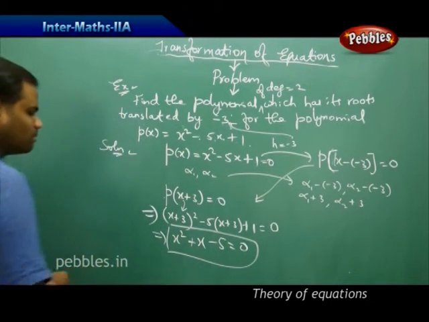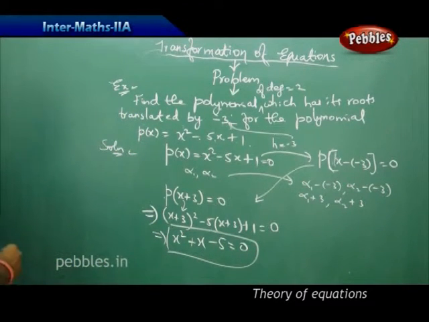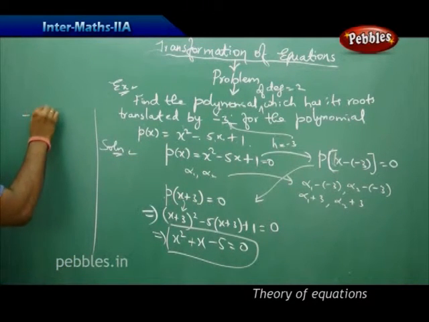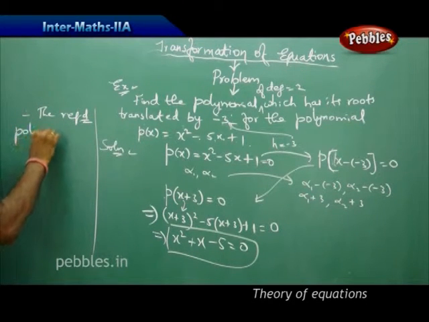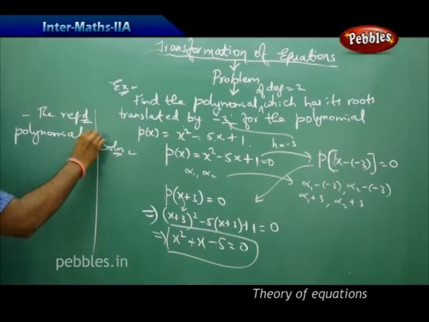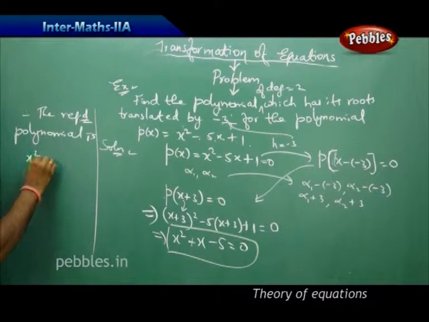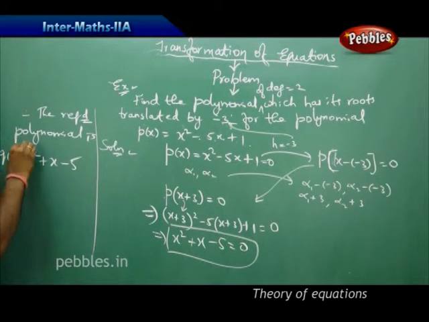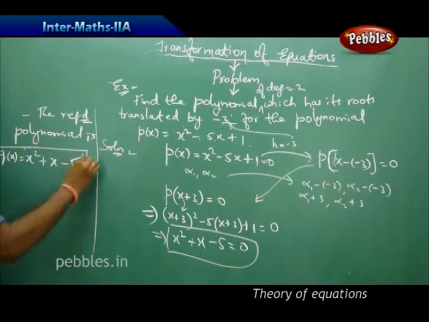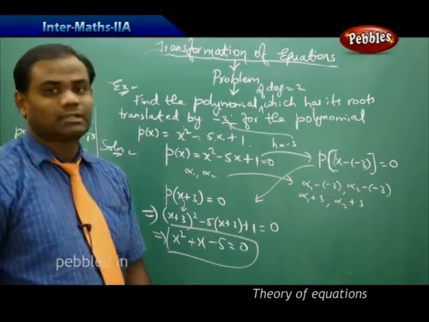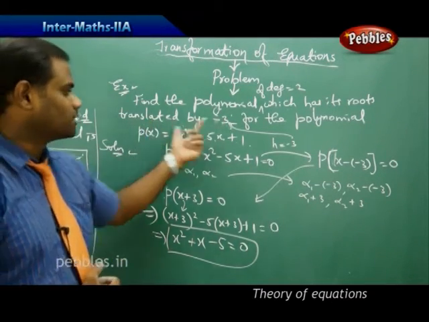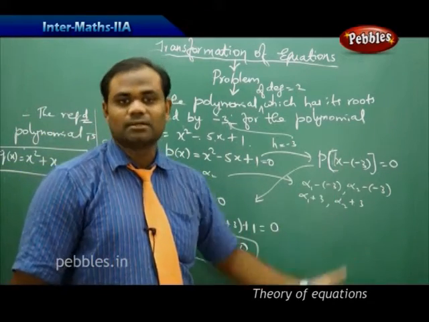Therefore, this is the polynomial function which has its roots translated by -3. Therefore, the required polynomial of the given problem is x squared plus x minus 5. I can take this as q of x, the required polynomial. So we can find the polynomials which are associated with translation of its roots in this manner.